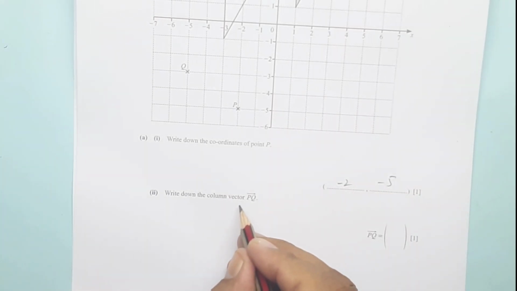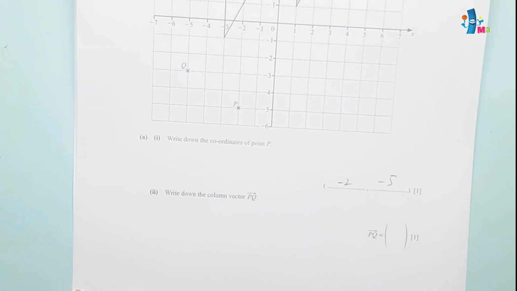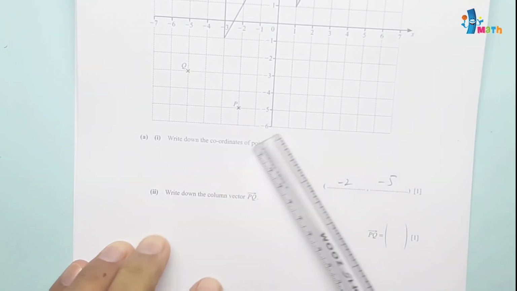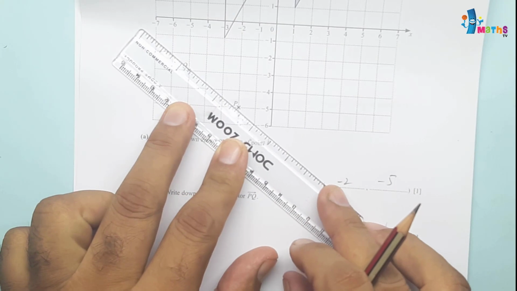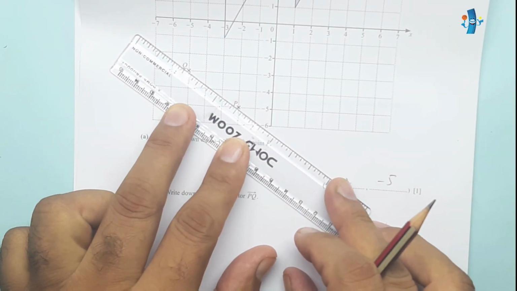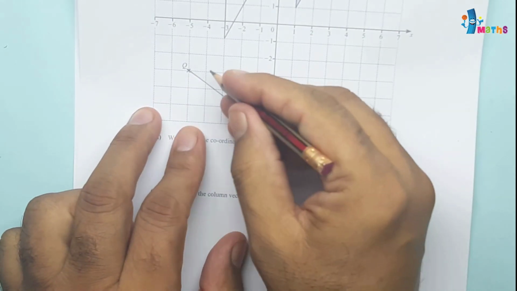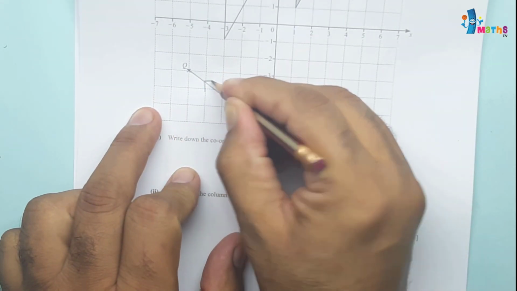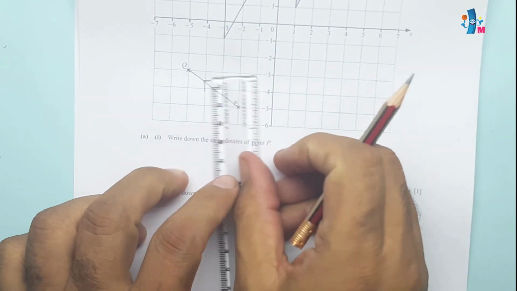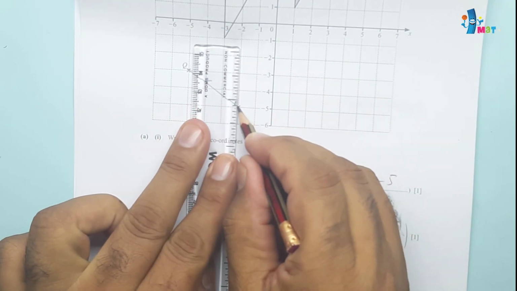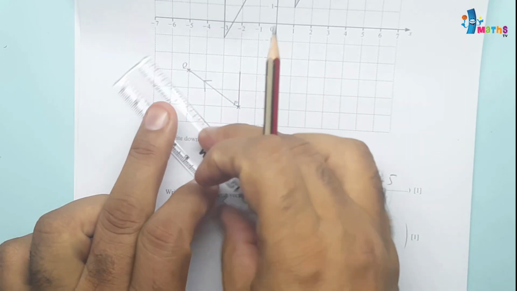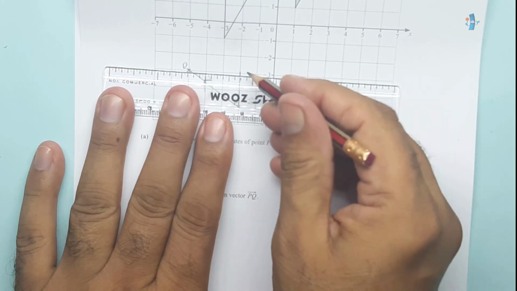Then write down the column vector PQ. So PQ, if we join PQ, this will be P to Q, the direction will be this one. We can check the value of x and y. This is y and this one is x value.